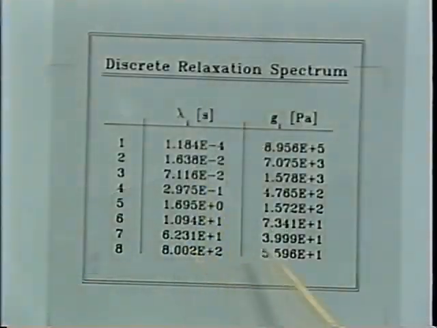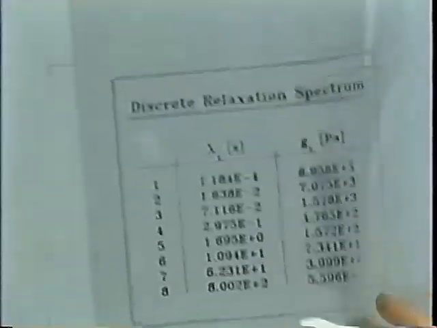That's another reason why our data are so limited. We are really stuck to the actual frequency window of the rheometer and cannot extend this with any sophisticated tricks. The spectrum can be calculated from the data, typical relaxation times and moduli, but the data are truncated, and the spectrum will only apply to a truncated set.